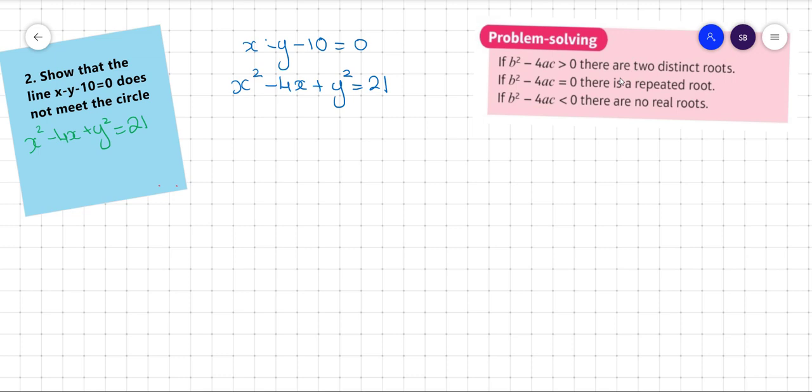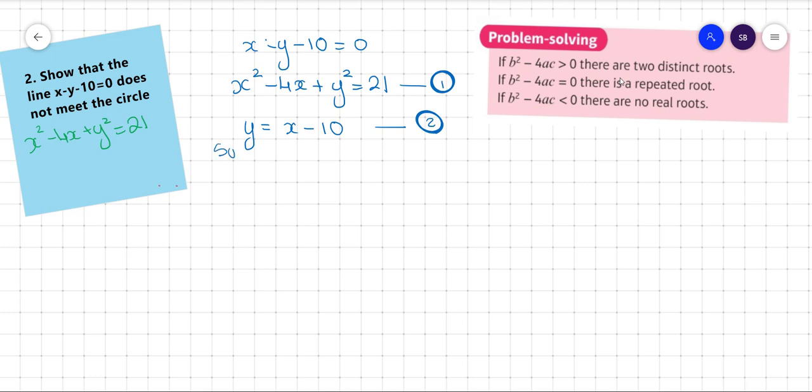First, let me make y the subject of the formula. Let me name this as equation 1, and from here y is equal to x minus 10, and that is equation number 2. As I said before, when b squared minus 4ac is less than 0, there are no real roots.